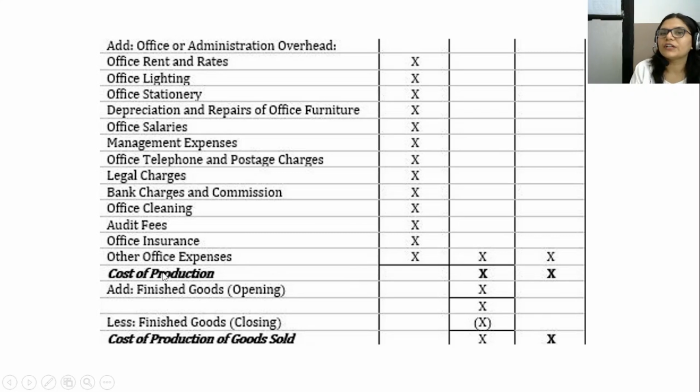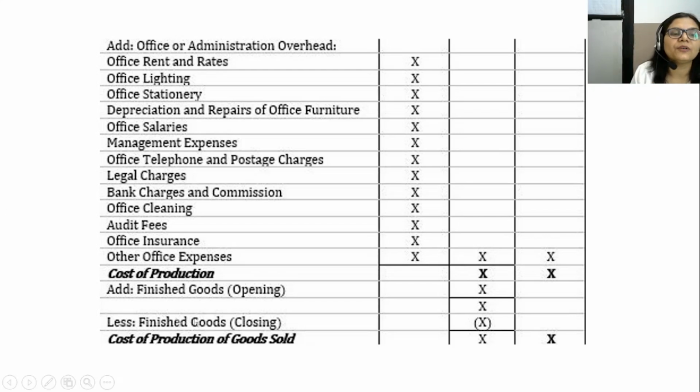In cost of production, we adjust opening and closing stock of finished goods. Again, this is something very new that has come up for you: what is opening stock of finished goods and what is closing stock of finished goods. Opening stock is the cost of inventory of raw materials, work in progress and finished goods that an entity has on the initial day of its accounting year.